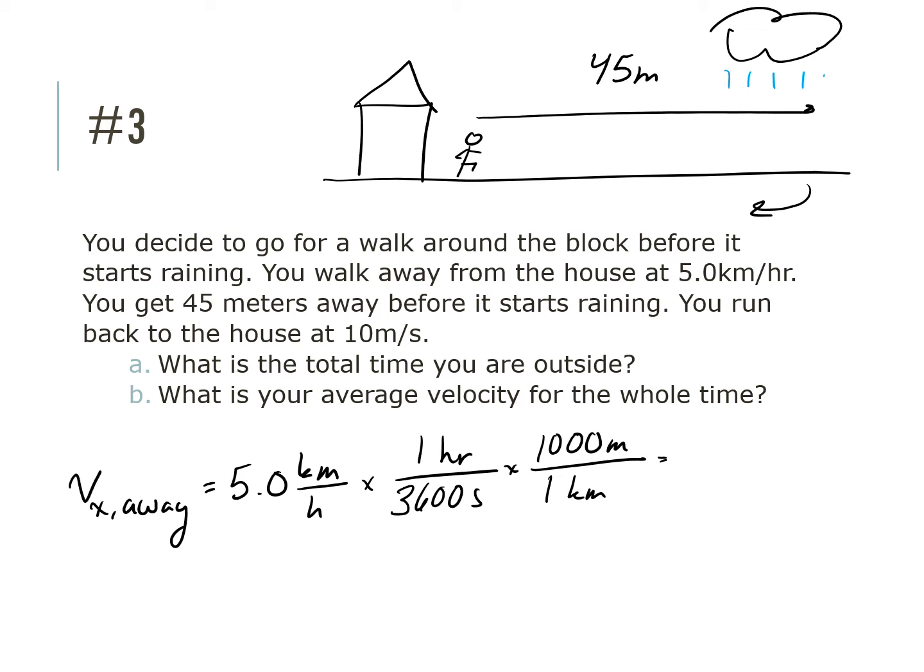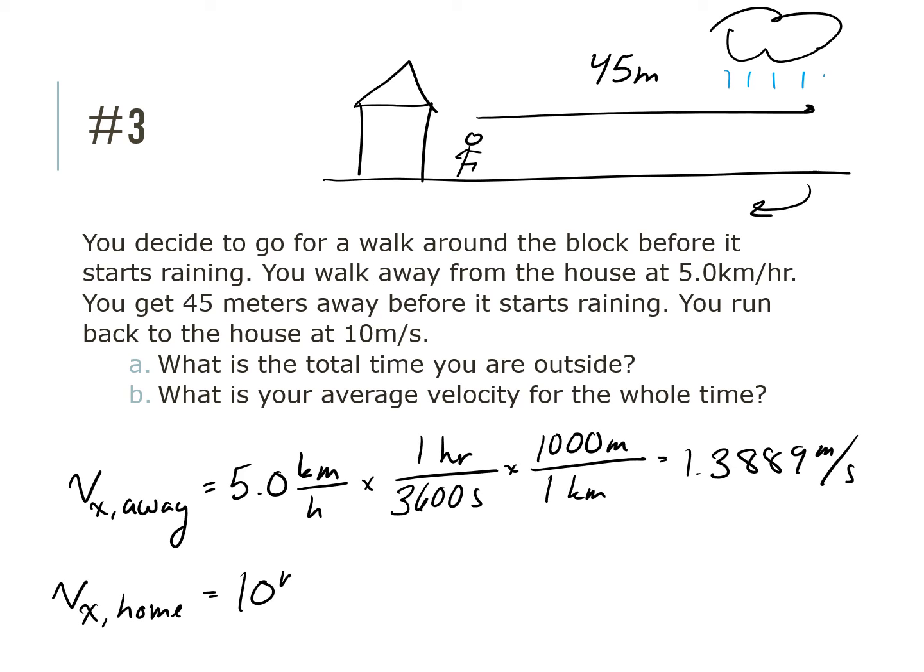Using this conversion, my velocity in the x direction away from my house is 1.3889 meters per second.